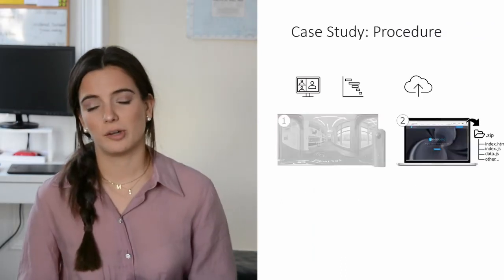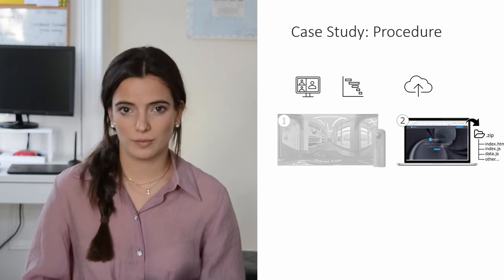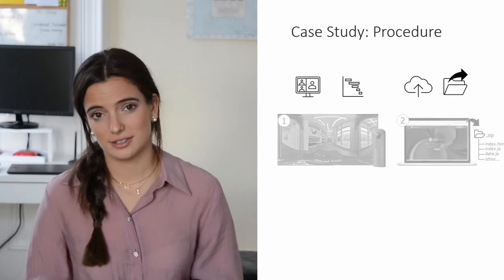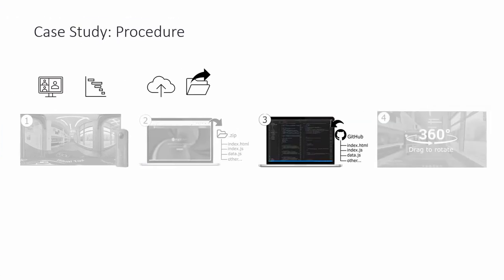After the images were uploaded to the Marzipano tool, the zip folder was exported and the files extracted. Then the software framework was implemented to add additional features to the functionality of the virtual tour.